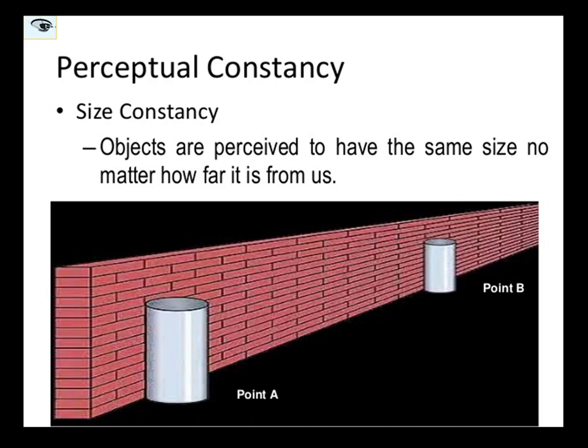Of course, the image formed on the retina will be smaller, but that's not going to change the fact that she is of a certain height or size, even if she appears very small in the retinal image. What you are perceiving will remain unchanged.